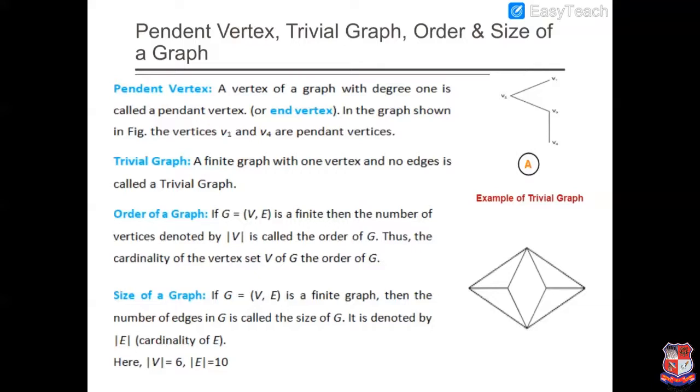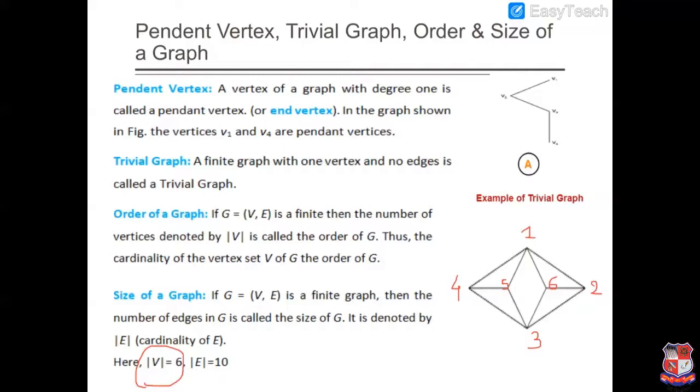Here, in a given non-directed graph, there are 1, 2, 3, 4, 5 and 6. So there are 6 vertices. Therefore, cardinality of V is equal to 6, and that is the order of the graph.